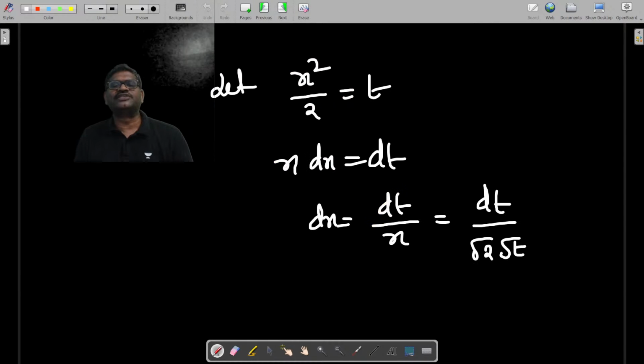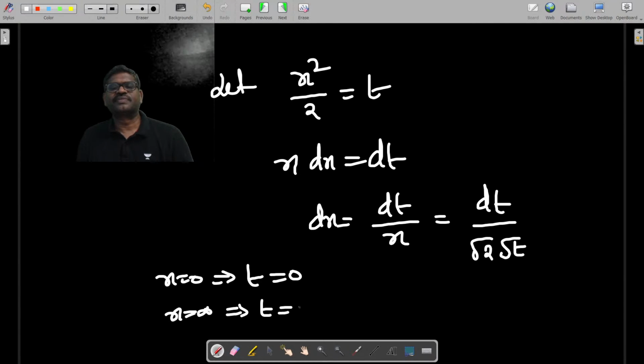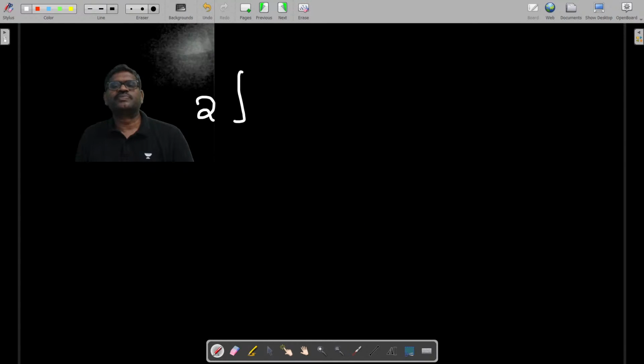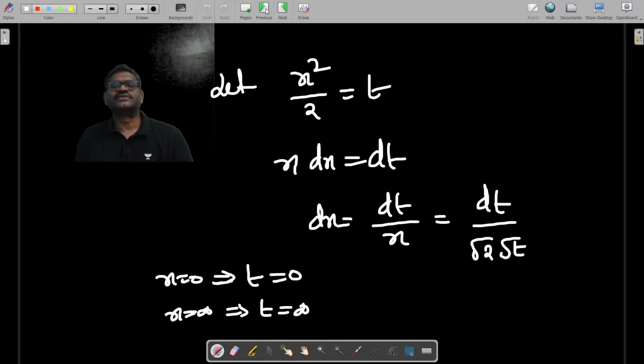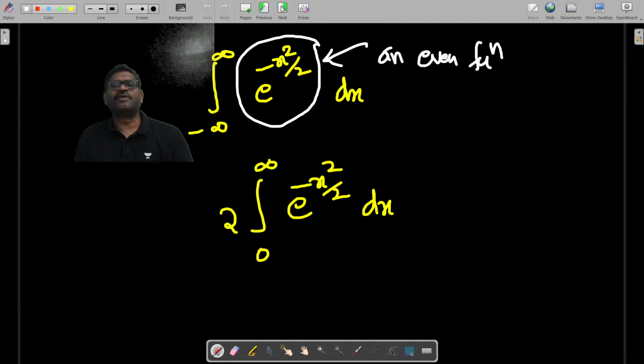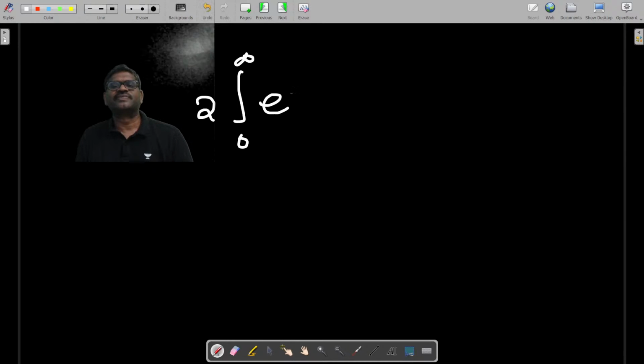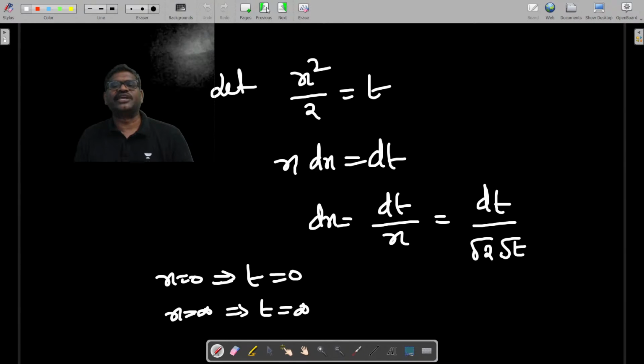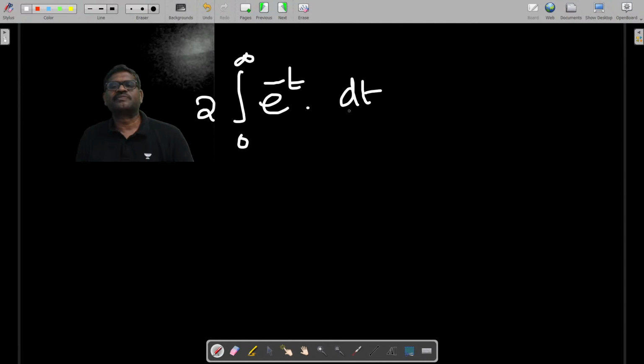When x is 0, t is 0. When x is infinity, t is infinity. So 2 into integral 0 to infinity, e power minus x square by 2 is e power minus t, and dx is dt by root 2 into root t.